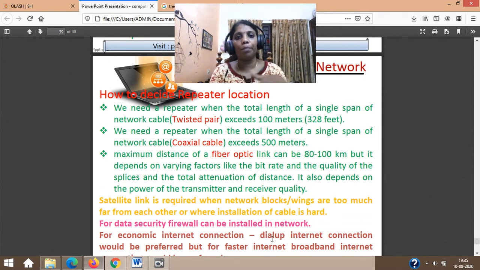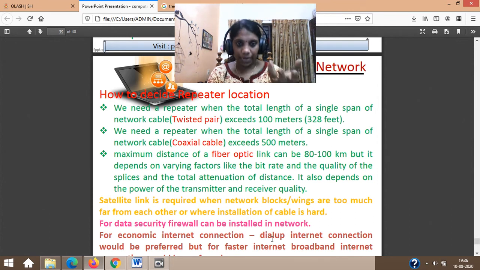If it is in a normal plateau area where digging and trenching of soil is not a problem, then coaxial cable can be placed. Depending upon what transmission media you use, that is also one kind of question they used to ask. But since they cut that from the syllabus, your question will be restricted to which is the best layout, where to place a server, and why you choose this, because of the cost or because of short cable length, etc.